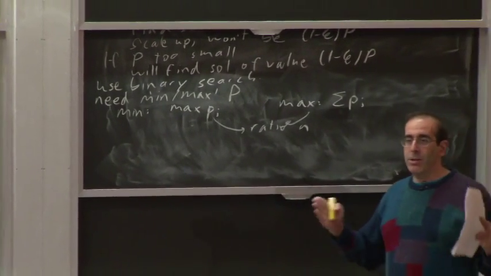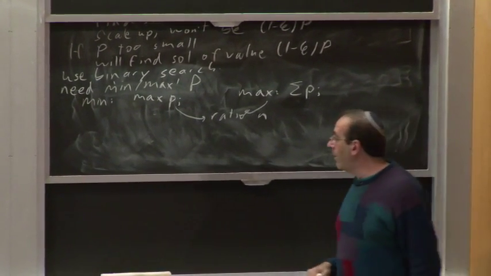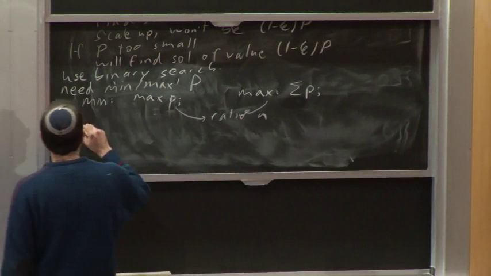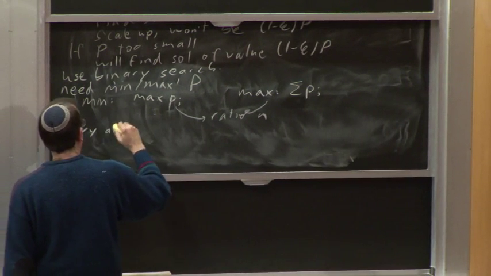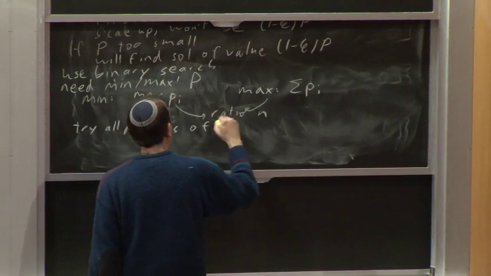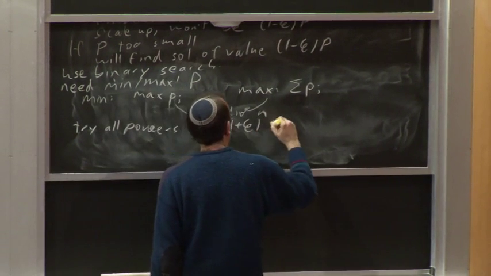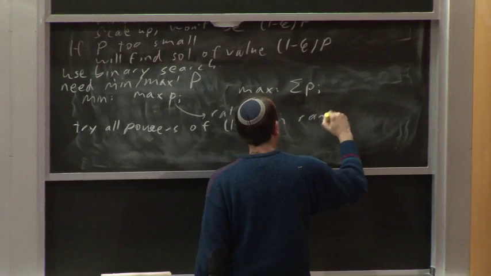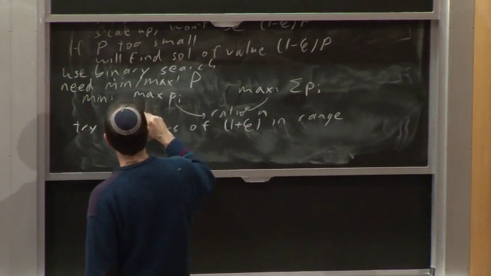Okay. So now it's actually convenient. We could talk about binary searching on these numbers, but I'm going to phrase it slightly differently. Let's just try all powers of 1 plus epsilon in this range, all integer powers.